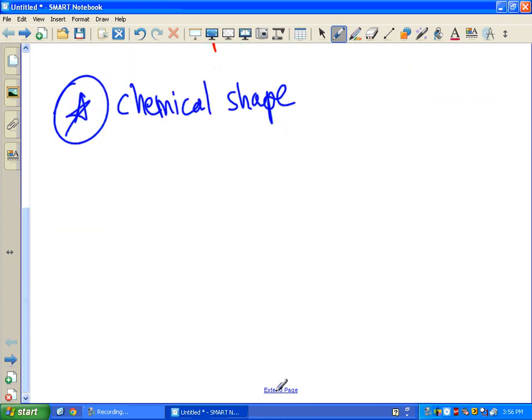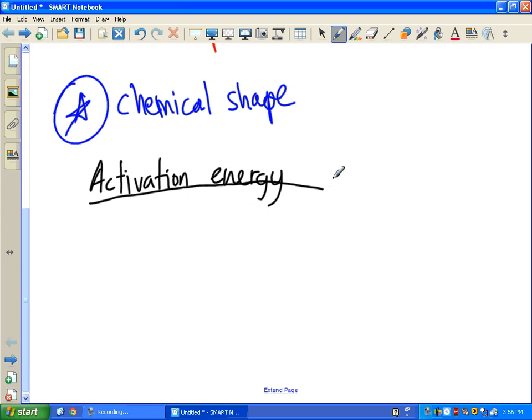And now activation energy. Activation energy is the energy needed to start a reaction.